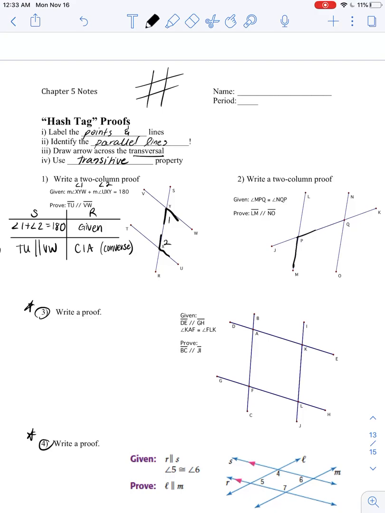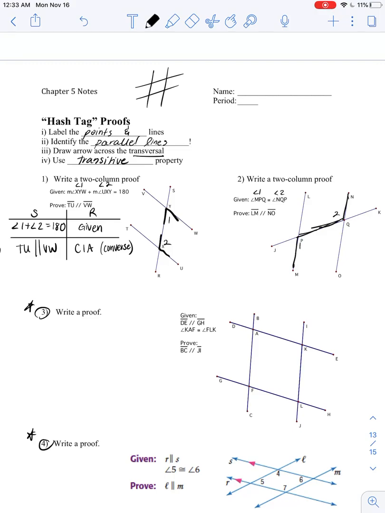And then for number 2, we have angle MPQ, that's this angle here, is equal to NQP. So these 2 angles, they are both inside the parallel lines on opposite sides of the transversal, or what we think might be the parallel lines. So that would mean that these are probably going to be alternate interior angles.